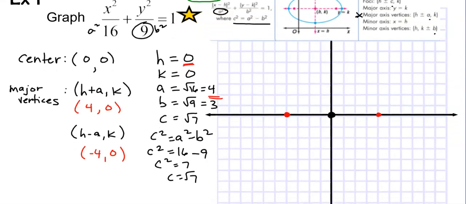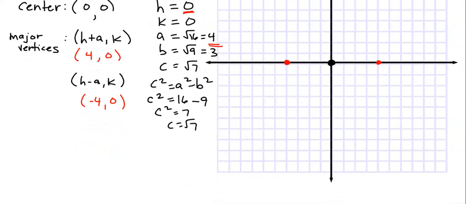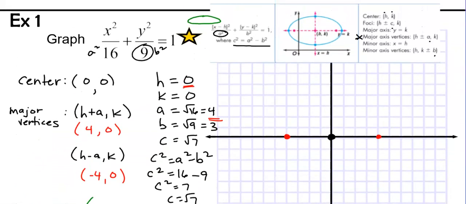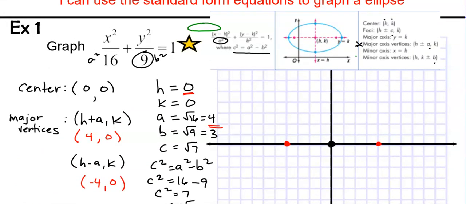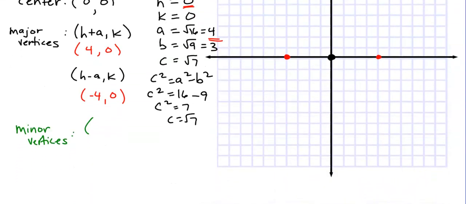Okay, then we can go to minor vertices. And our minor vertices happen at, if we follow this, H, and then K plus and minus B. So H, and one of them is K plus B. The other one is H and K minus B. So in our case, H is 0, K is also 0, B is 3.